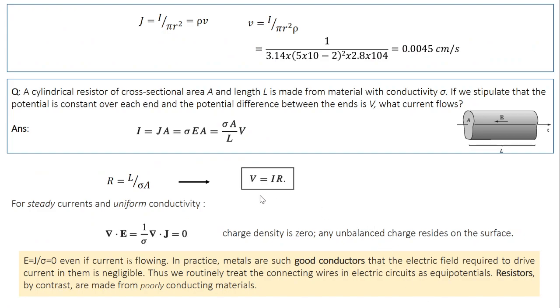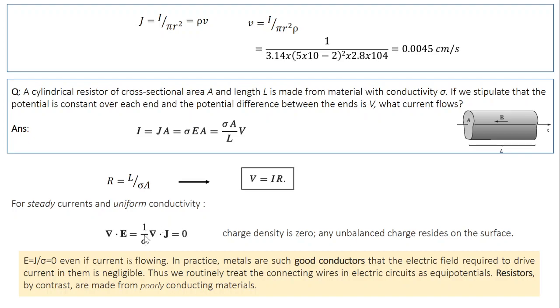Now if you assume that the current flowing through the conducting wire is a steady current and conductivity is uniform throughout the material, then the divergence of E you can write in terms of the current density as divergence of J divided by conductivity sigma.